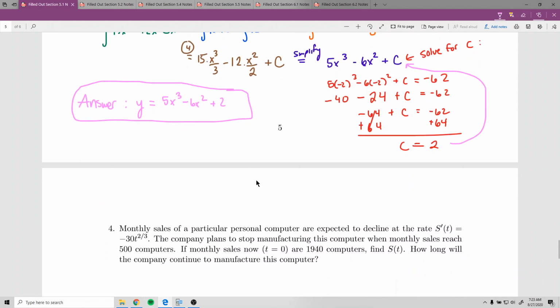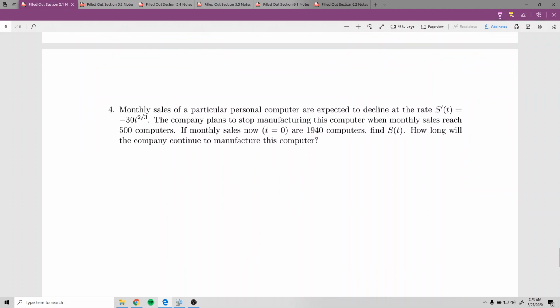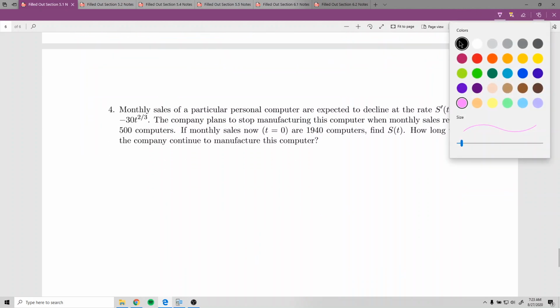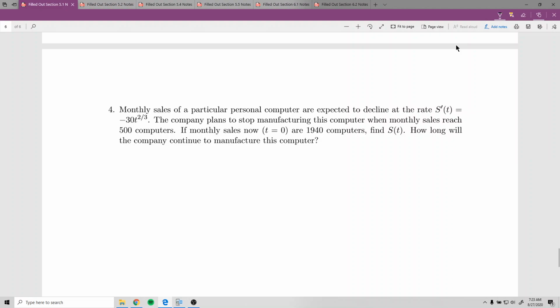All right, so the last one is also a specific antiderivative, but it's in a word problem. Just to show you right away that word problems dealing with antiderivatives are actually a very common thing.